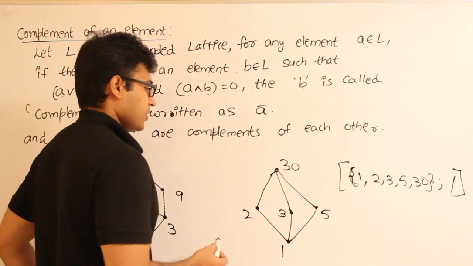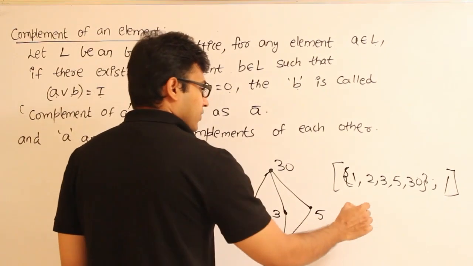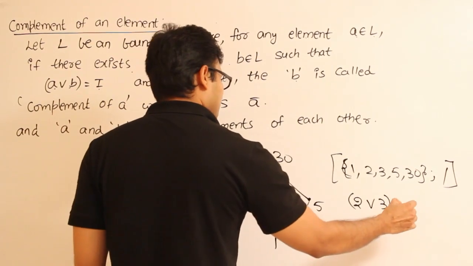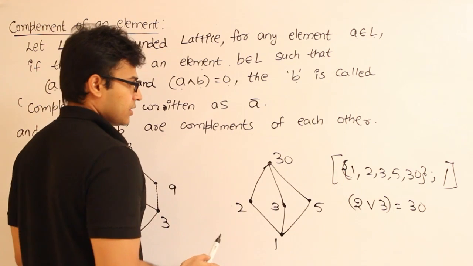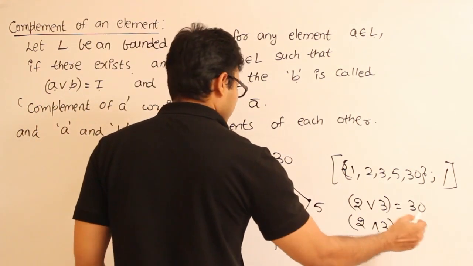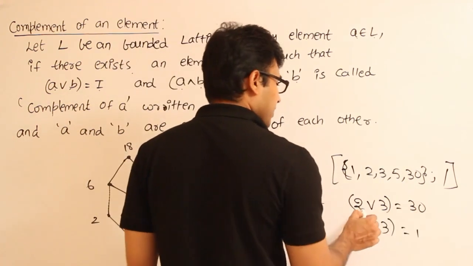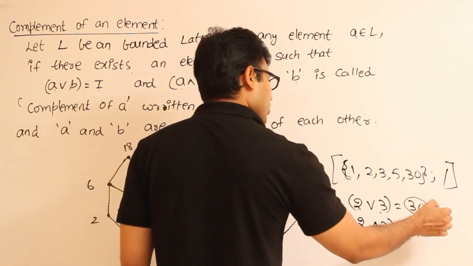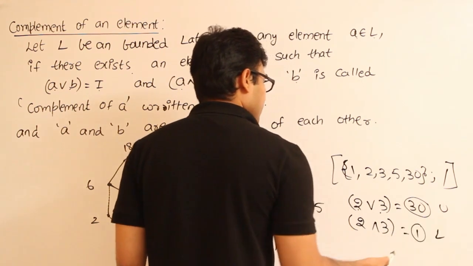In this example, if I take 2 and 3 and apply the join operation, I am going to get 30, isn't it? 2 and 3 are going to join at 30, and if I apply the meet operation for 2 and 3, I am going to get 1. So I am getting the upper bound in the join and the lower bound in the meet.